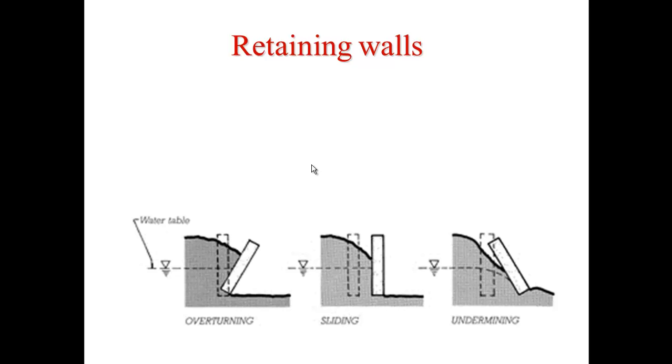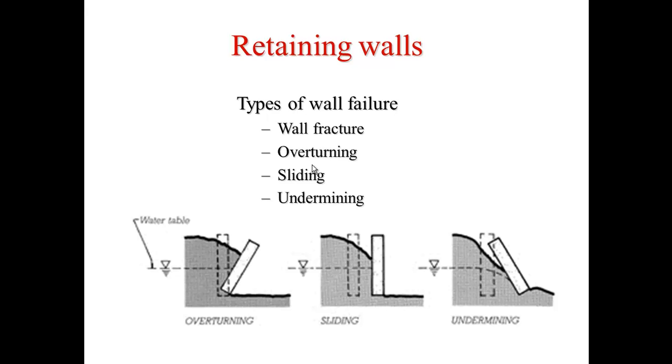Retaining walls. Retaining walls are put up to hold earth back, maybe keep some water out, and they can fail. The type of failure could be just a wall fracture, or they could overturn, just flip over, they can slide sideways, or they can be undermined.